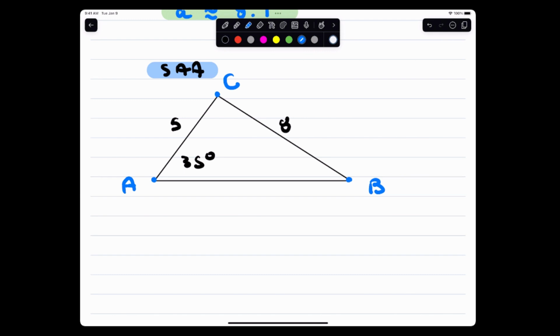Well, we could do that, side angle. I apologize. I need to give you side angle. Is that right? I apologize.